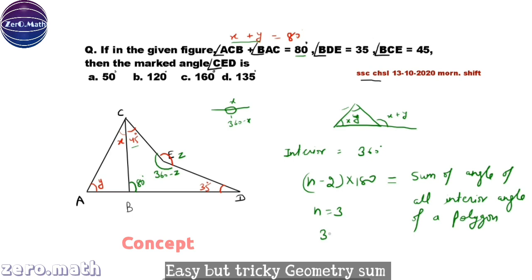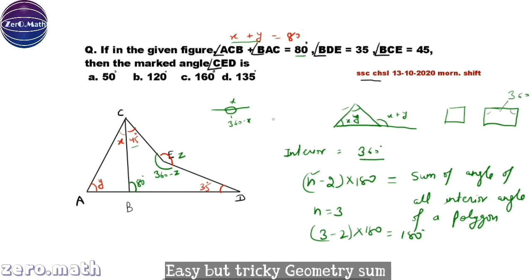So n is equal to 3, so 3 minus 2 into 180 is equal to 180 degrees. Now in this case we have a quadrilateral, which has 4 sides. So 4 minus 2 is 2, into 180, which is equal to 360 degrees, the sum of internal angles. You know that squares and rectangles are quadrilaterals. So the sum of their internal angles is also equal to 360 degrees.